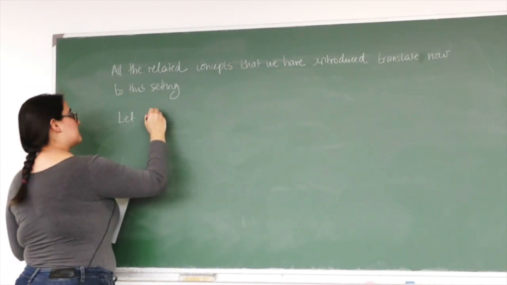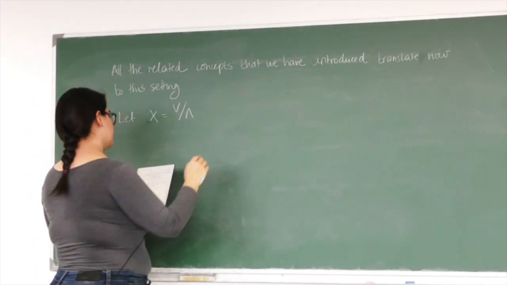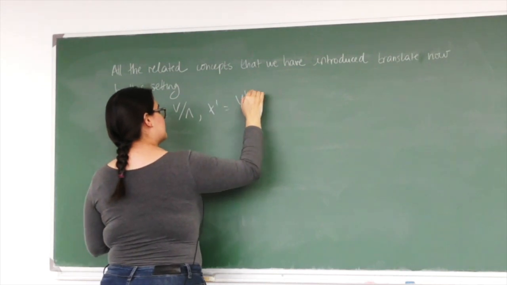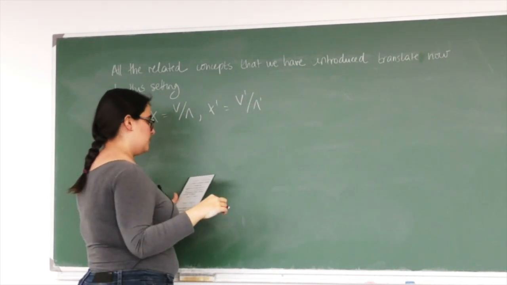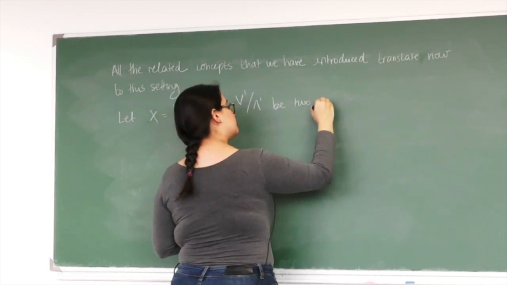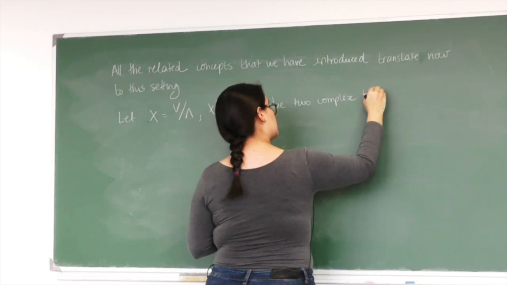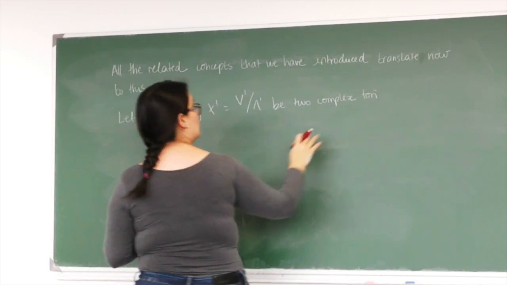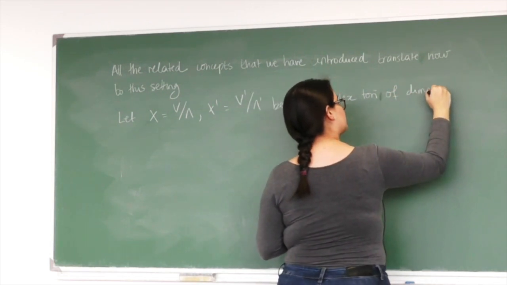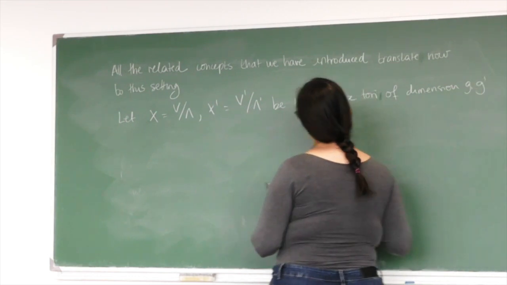So X is V quotient lambda, X prime is V prime quotient lambda prime, and we take them of dimension g, g prime respectively.